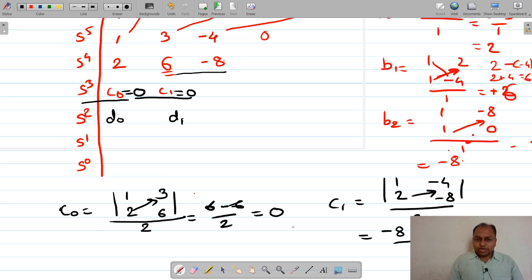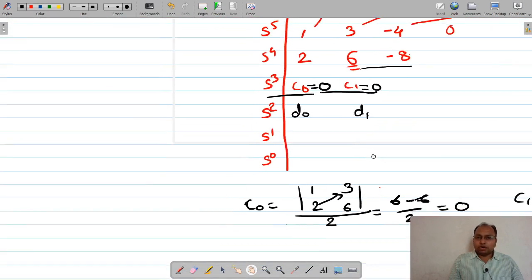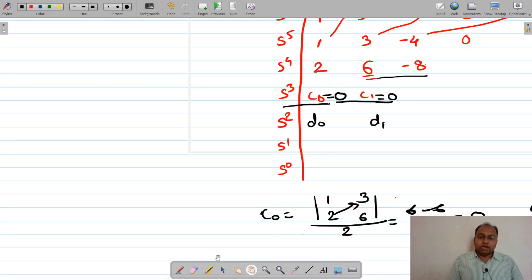So we need to take an auxiliary polynomial equation. Okay, so let us check out how to create this auxiliary polynomial equation. You need to consider its previous row, and you have to create a polynomial equation from that.